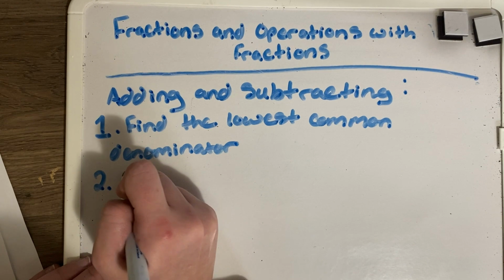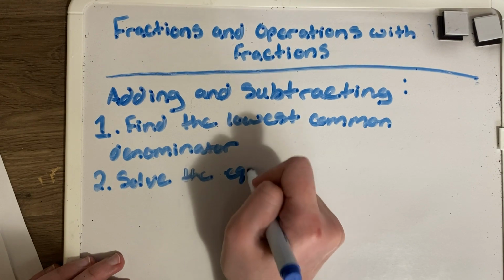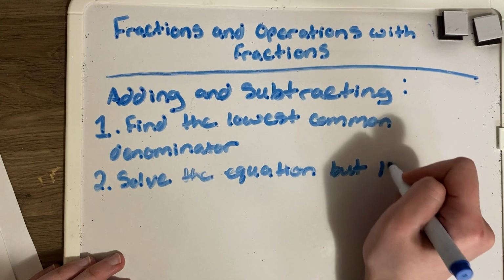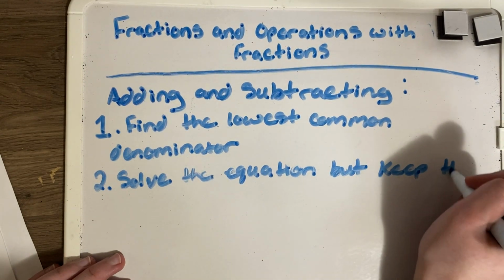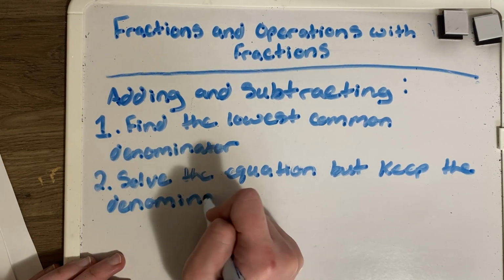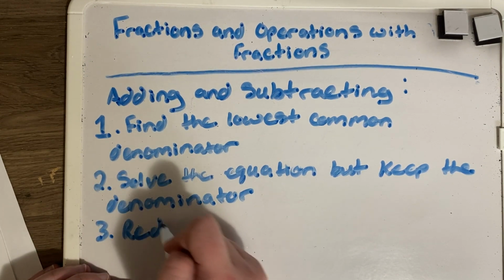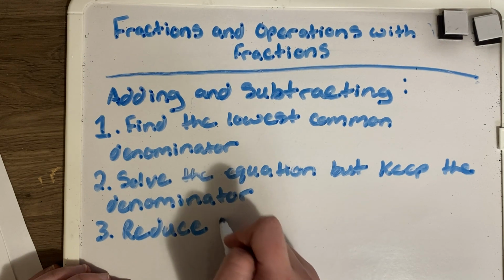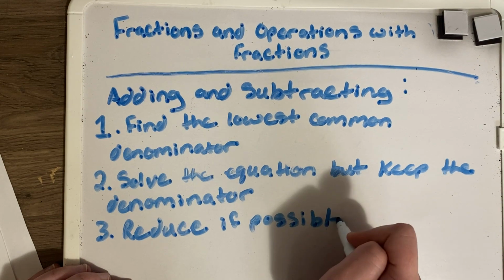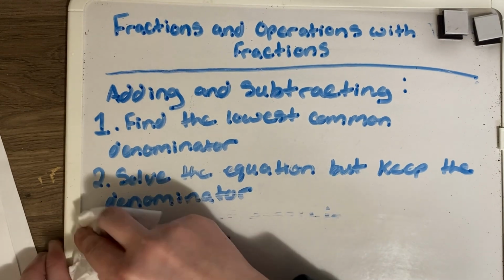Then you solve the equation but keep the denominator. And then you reduce if possible. Alright, so those are the steps. Now we're going to go over an example.